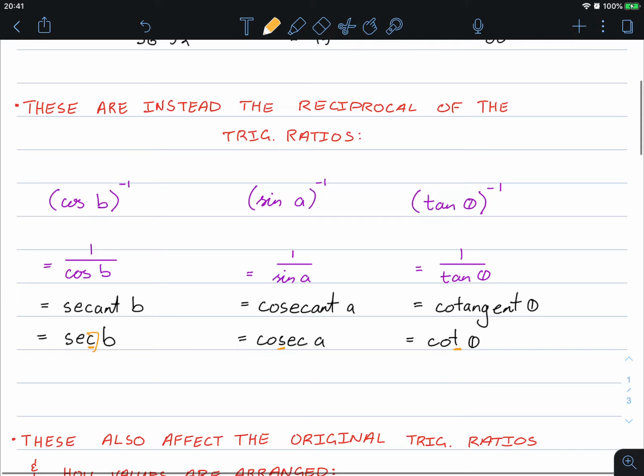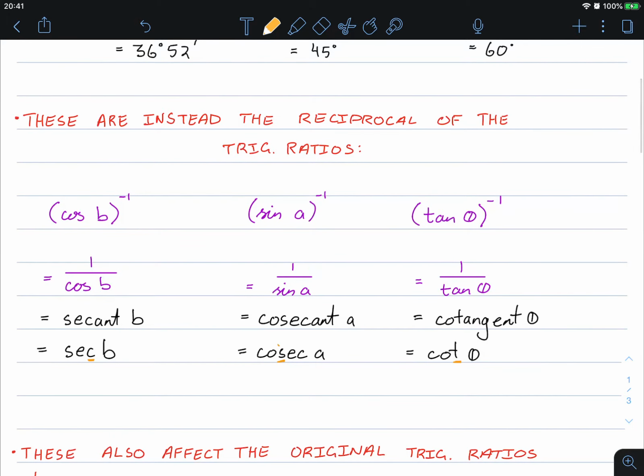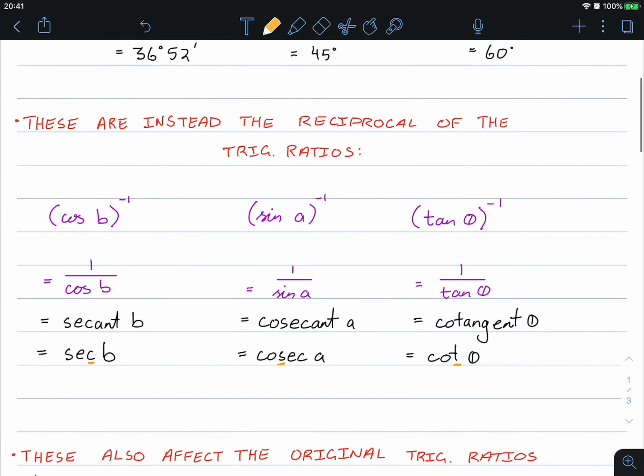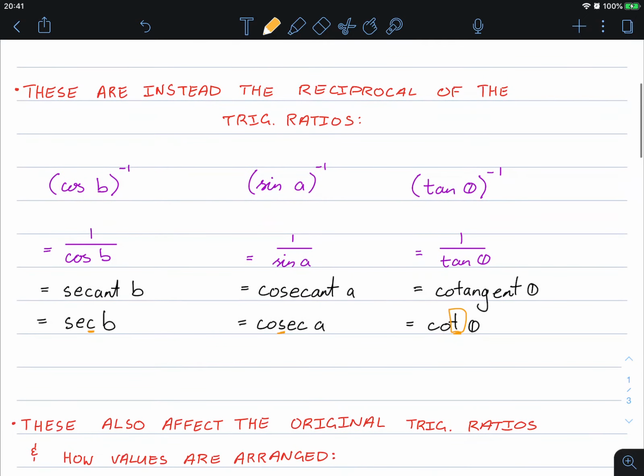So sec has the third letter C, so that relates to cos. Cosec has a third letter S, so that relates to sine. And cot has a third letter T, which relates to tangent. So I hope that assists you in memorizing these.